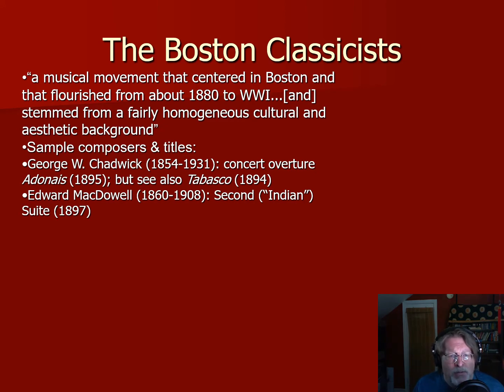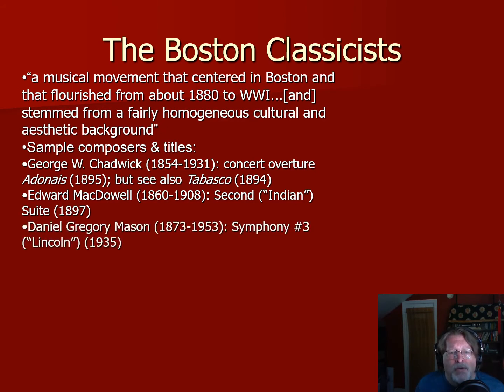But MacDowell, like a number of other composers, and in fact like literary people of the period, people like Nathaniel Hawthorne and James Fenimore Cooper, was very interested in the idea that an American nationalist idiom, in his case in music, might be derived not so much from the music of indigenous Native Americans, but from the idealized images. And so he wrote tone poems about Hiawatha, which was in fact a poem by James Fenimore Cooper, and also a series of works for the piano, including the second suite from 1897, the so-called Indian Suite.